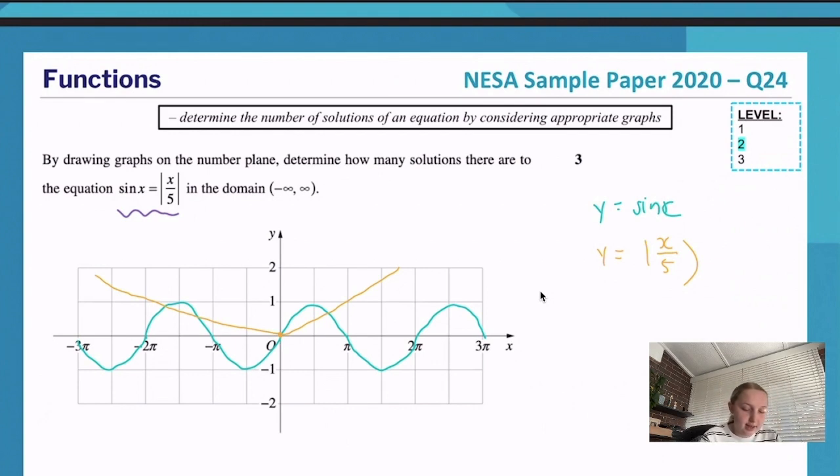So then all we want to do is look at our solution. So where do they intersect? 1, 2, 3. So therefore, there are 3 solutions. Okay, so this is a super common functions question, just about finding solutions based on graphing.